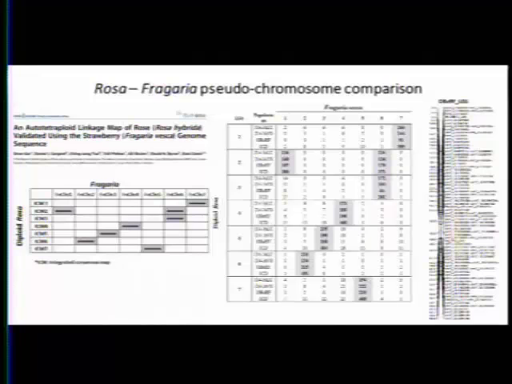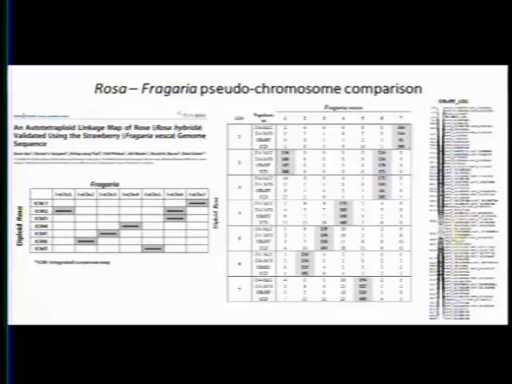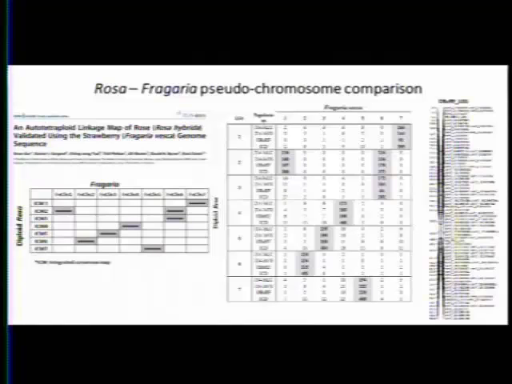In this linkage group, we fit about four SSR markers, and they were reported on linkage group 1 of roses. You may see all the SNP markers are labeled as CHR7. It actually means they are from chromosome 7 of the strawberry genome. So when we examine our results, we realize there's a high synchrony between the diploid Rosa and the strawberry. And then we went to the previous study.